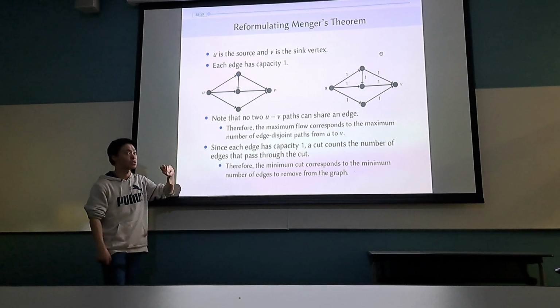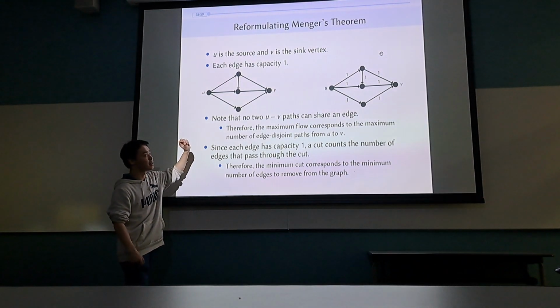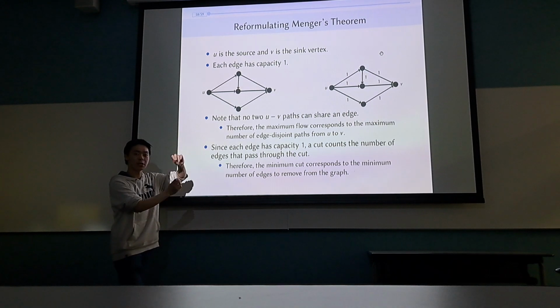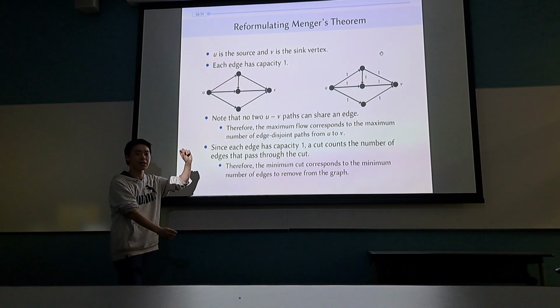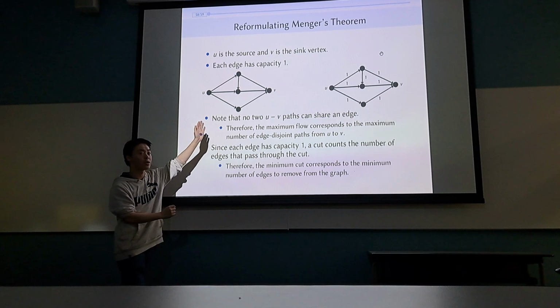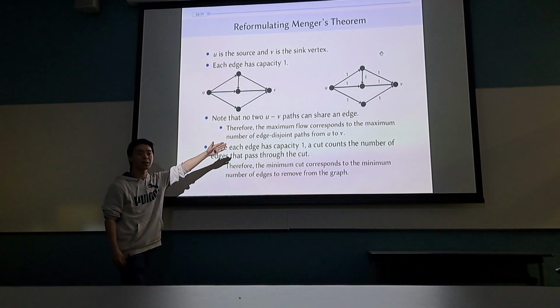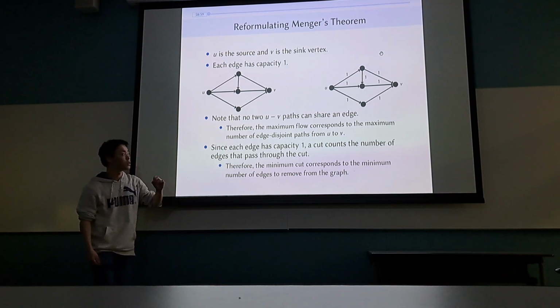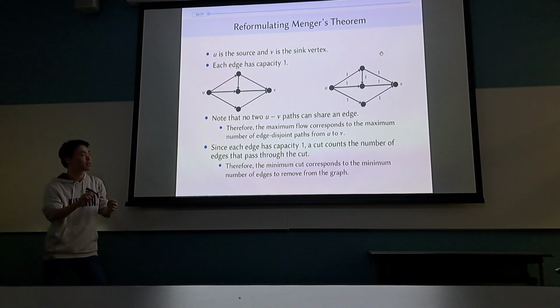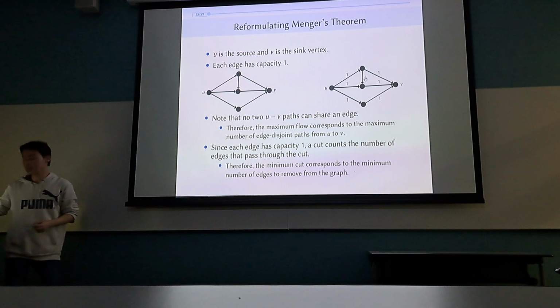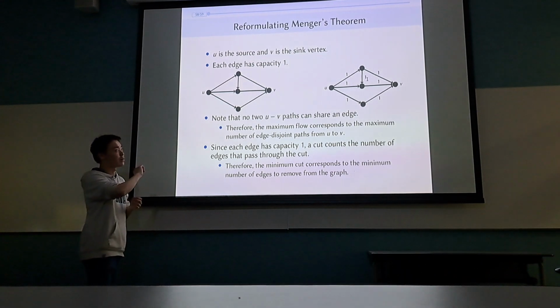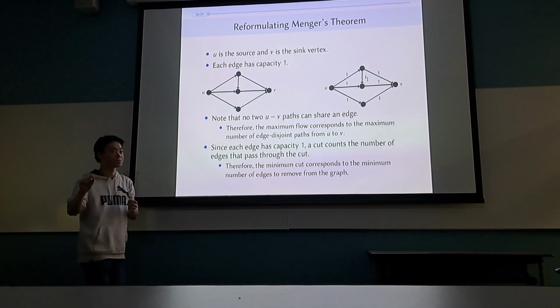And if it has capacity 2, then either you're going to separate into two completely different paths, or you're only going to flow one unit of flow down one particular path. And so therefore, if you take any two UV paths, you can't ever share an edge because you can't ever have a flow of 2 along that edge.